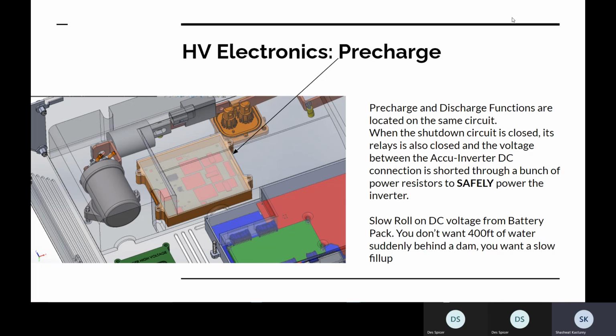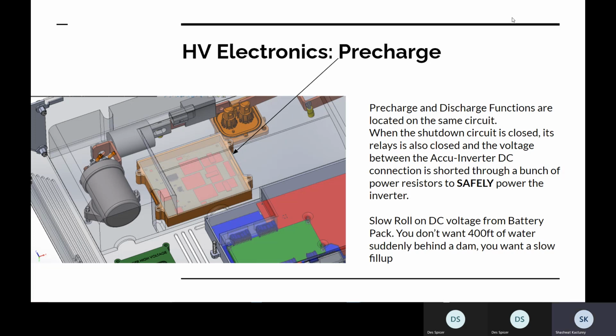If you run power through a resistor bank, they dissipate that power as heat. That's all resistors do, take power and turn it into heat. The inverse is true of discharge, but we'll get into that on the next page.